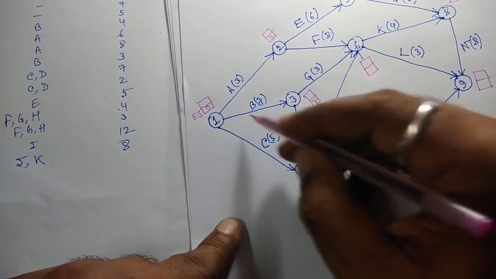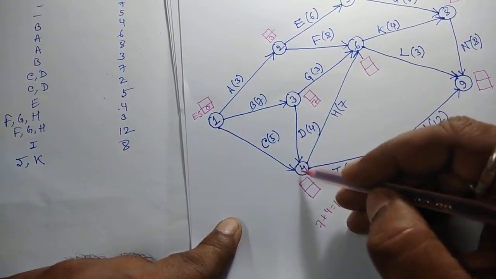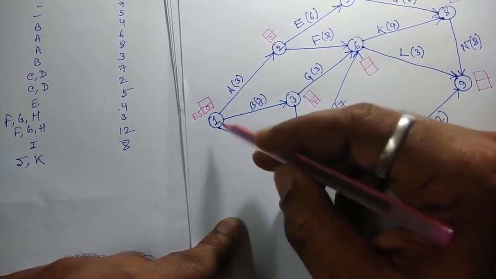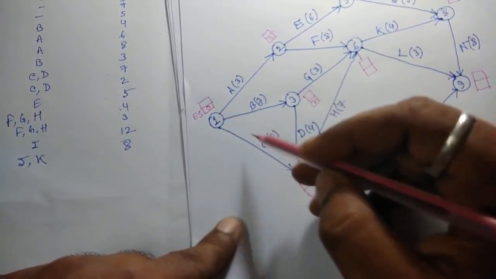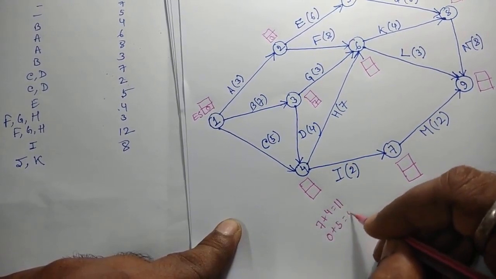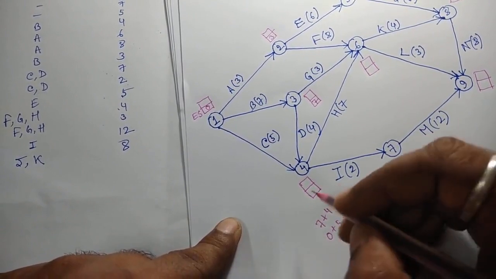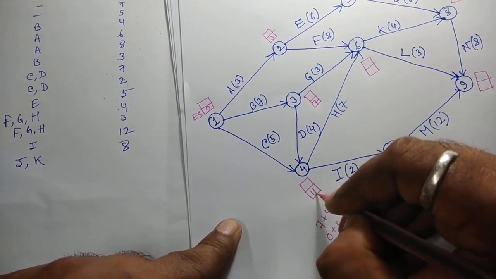From this path, you can reach this node, or the straight path, that is 1 to 4. So this is 0 plus 5, that is 5. Now we consider the higher value. So here it will be 11.